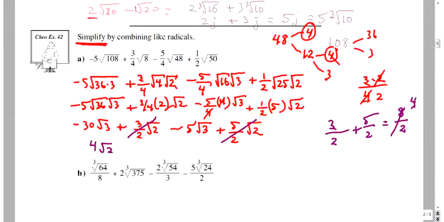What else can I collect? Root 3's. Oh, no fractions, thank you. Minus 30 root 3's, minus 5 root 3's. How many root 3's do I have? What's minus 30 minus 5? Minus 35 root 3's. Can I collect root 2's and root 3's, Tanner? That's right, no. I'm recording you right now, right?